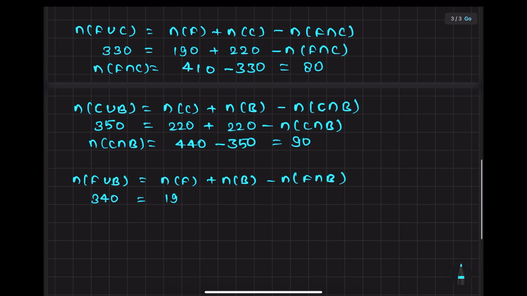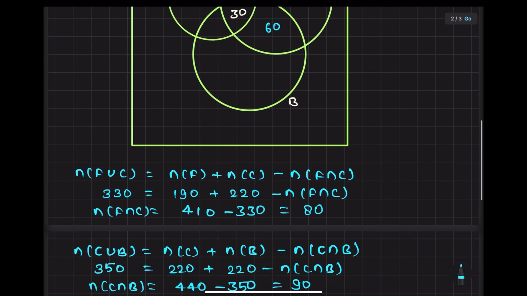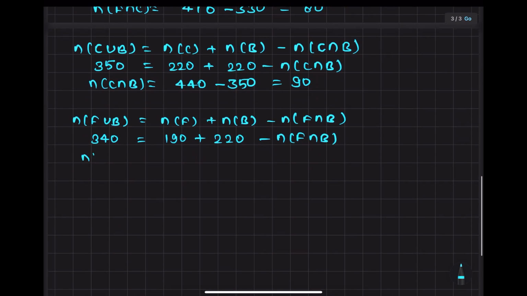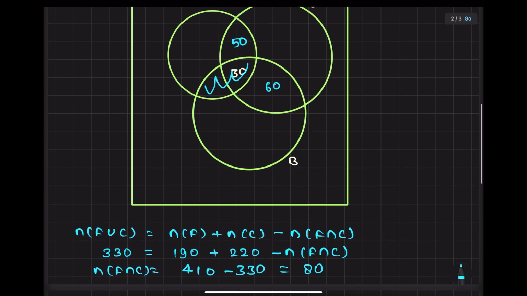N of F was 190, N of B was 220, minus N of F intersection B. So N of F intersection B is 410 minus 340, so it is 70. We have already used 30, so it is 40.